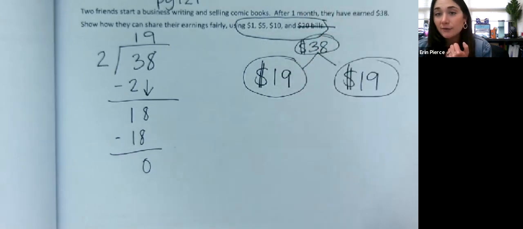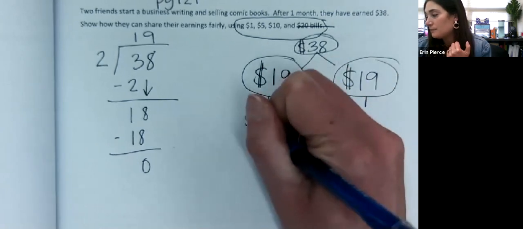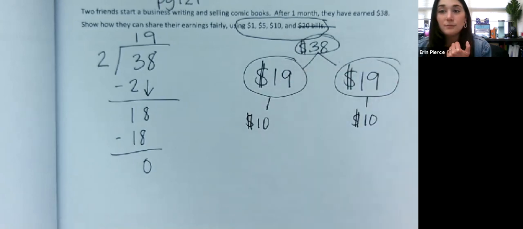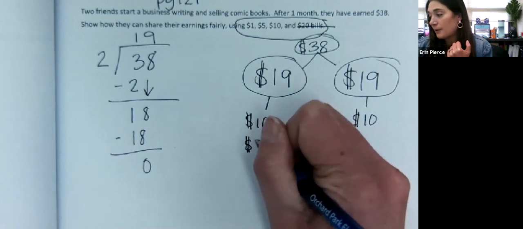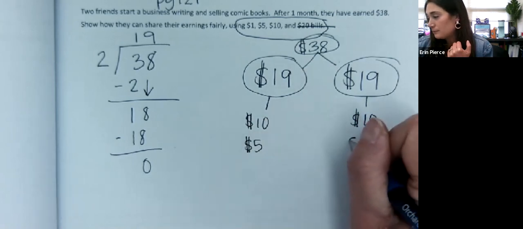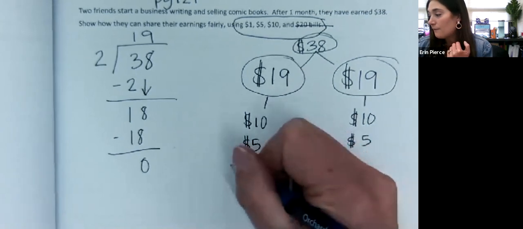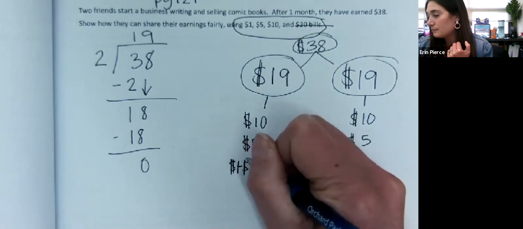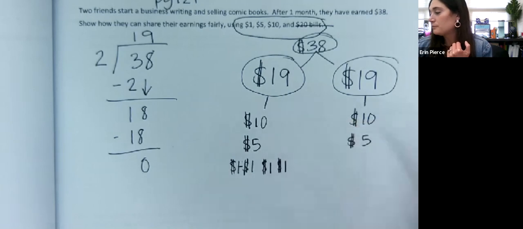We can, however, each person could get a $10 bill. Each person could get one $5 bill. And then I would have to do 4 $1 bills for each person.